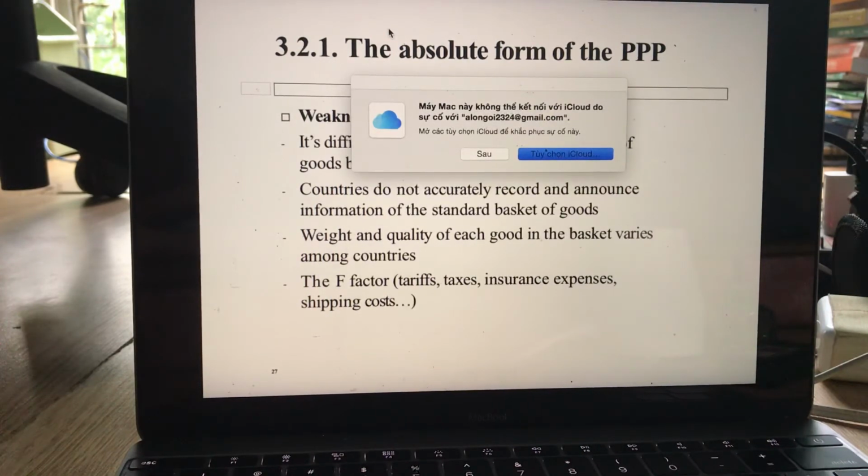In the case of Vietnam, we eat rice for meals, but in Europe or in the US, they prefer to eat bread. That is just an example to demonstrate that consumption preferences are quite different across countries.